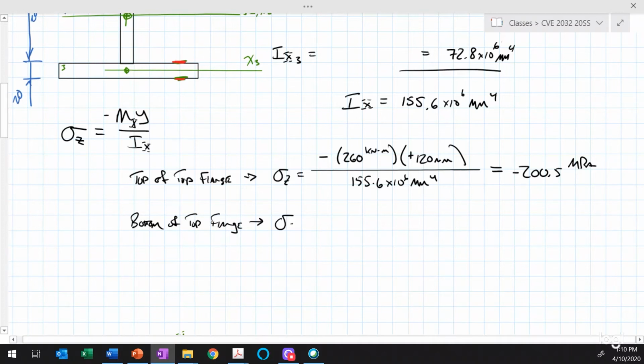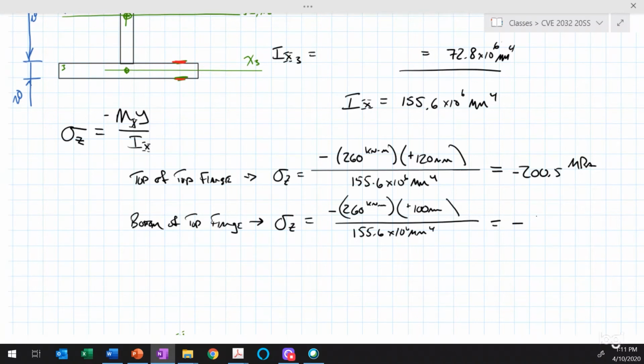Then the calculation would be sigma sub z is equal to minus 260 kilonewton meters times a positive 100 millimeters divided by I of 155.6 times 10 to the 6th millimeters to the 4th, and this is equal to minus 167.1 megapascals.